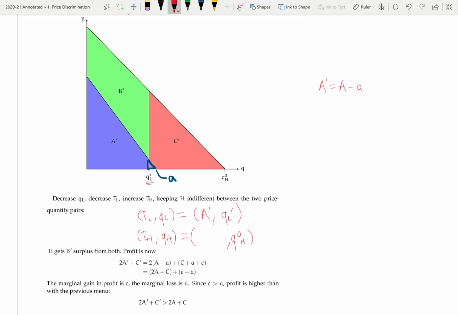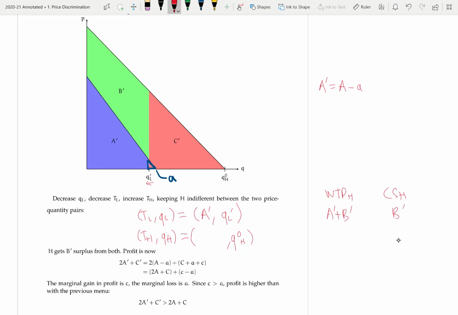So what is the monopolist going to be able to charge? Let's do the same calculation we did earlier. We need to check that buyer H gets at least as high a consumer surplus from this option as from the other option. So the willingness to pay of H for the first option is A dash plus B dash, the area under the demand curve up to QL dash. So their consumer surplus from buying that quantity at A dash would be B dash.